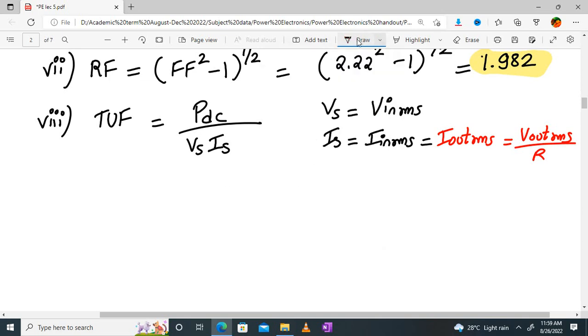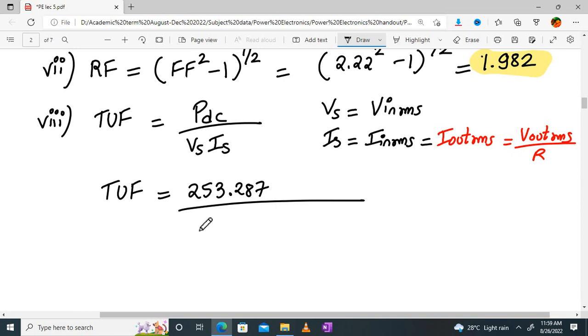So TUF will be PDC. The value is 253.287 divided by, what is V in RMS? 70.71. What is V out RMS? 35.35 divided by 1. R is 1, right?